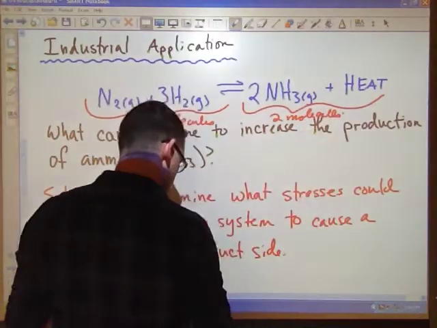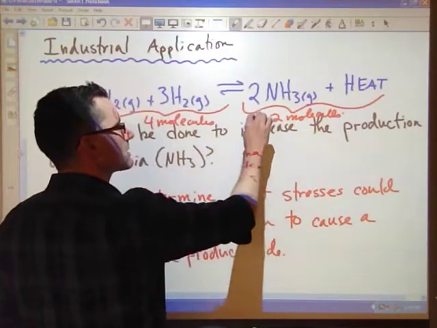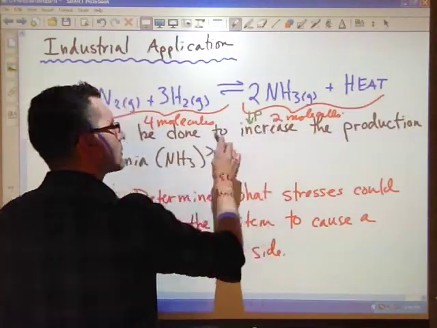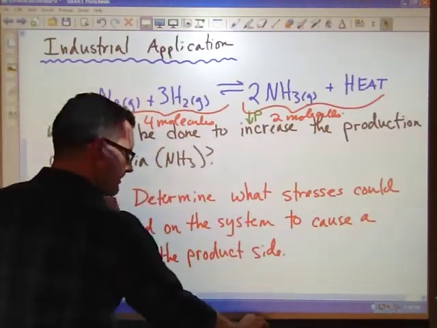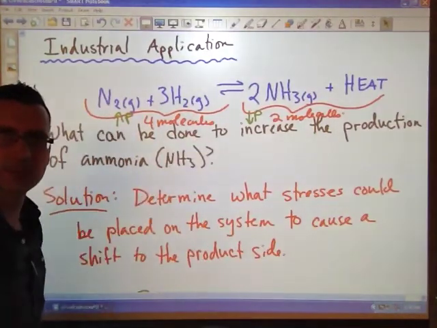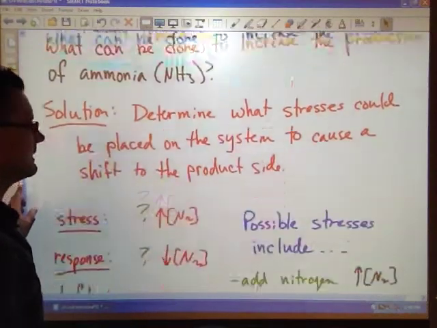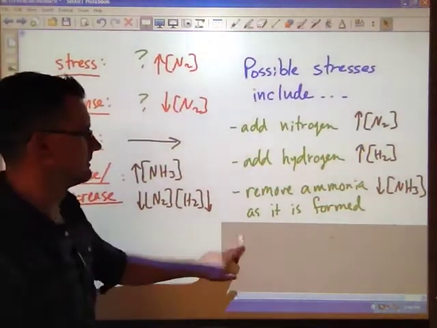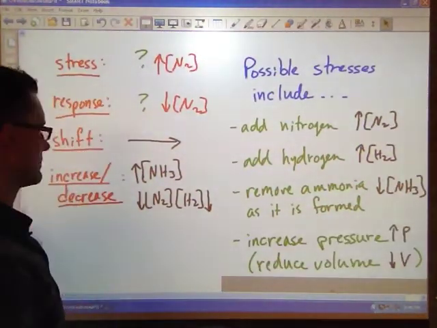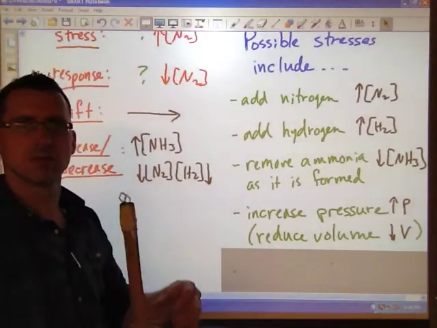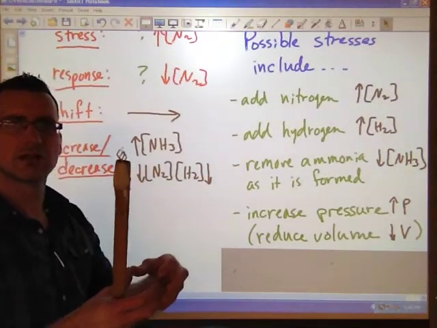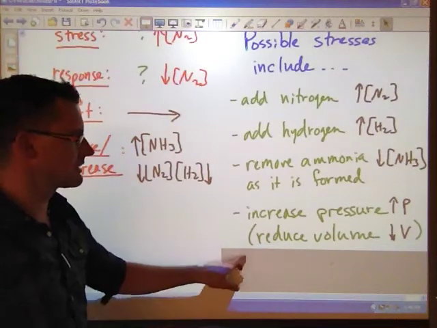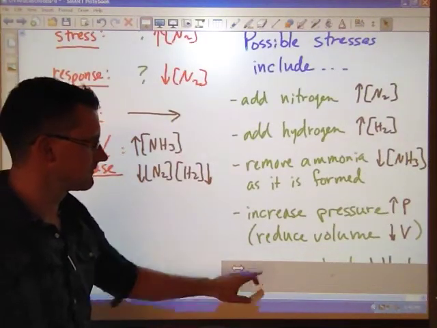So of course, the lower number of molecules has lower pressure than more molecules. So if we want to go to the side that has less pressure, we'd have to increase pressure. If I increase pressure or reduce the volume, it's going to want to relieve the pressure, go to the side with fewer molecules that has less pressure.